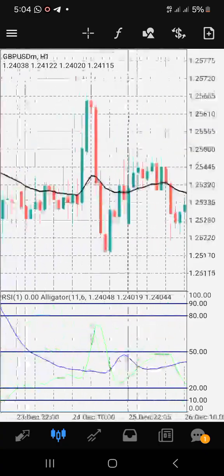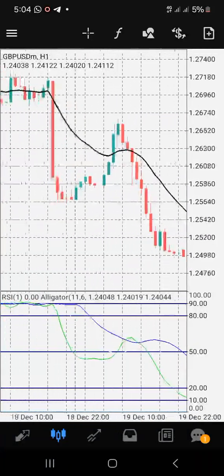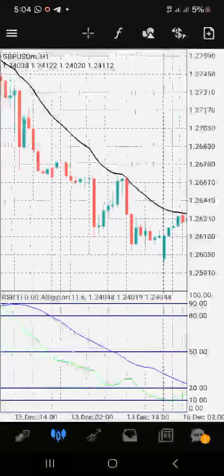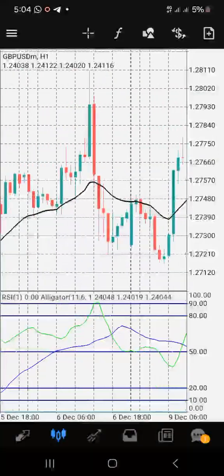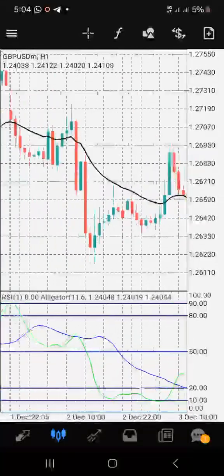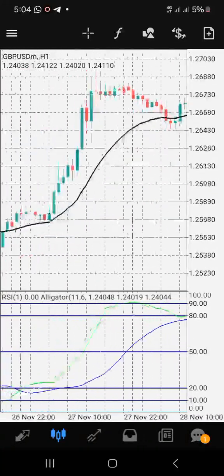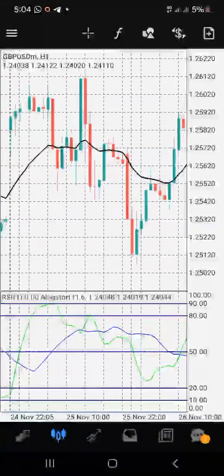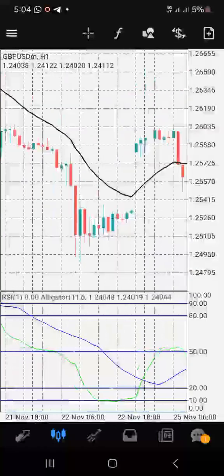So when three green candlesticks occur in a row, it is called three white soldiers. Let me show you examples.